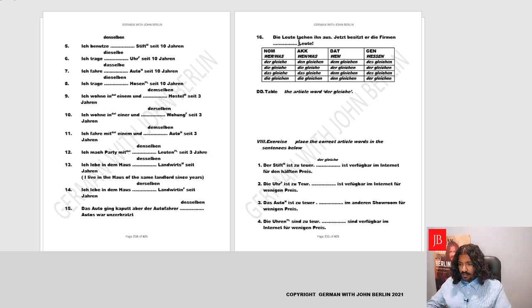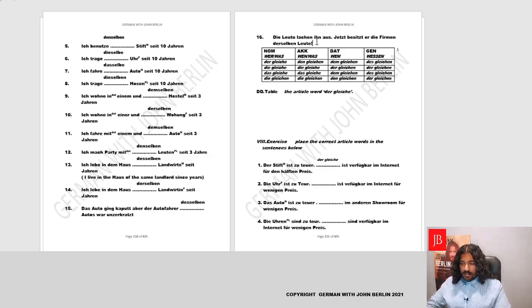Okay, yes, we'll just delete this and we'll write here the company of the whose company of those people. Yes, of those same people. Yeah, so basically we'll be saying it's genitive and it's plural, so der selben Leute. Yeah, visits die Firma der selben Leute.